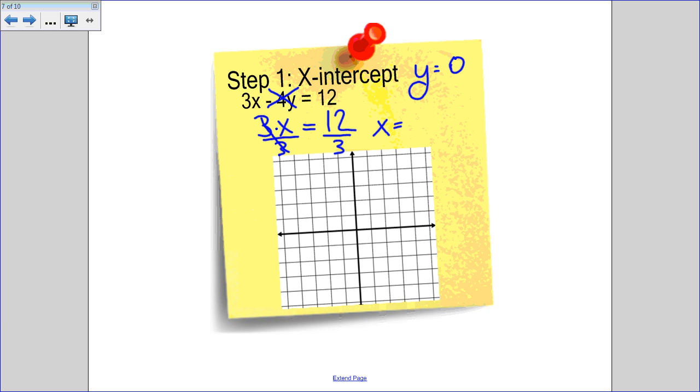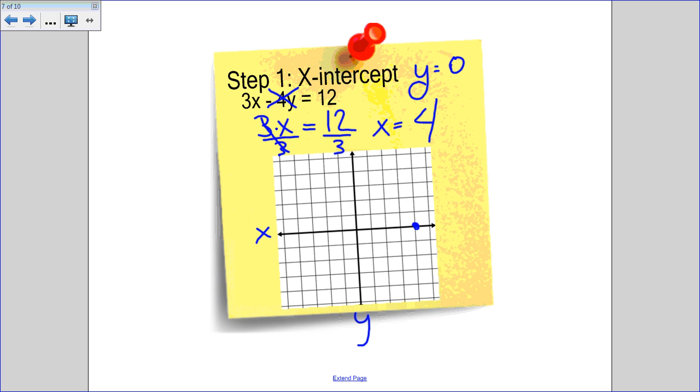What is 12 divided by 3? Good, it's 4. x equals 4. Now, if you draw a graph, what point is that? That is where our line crosses our x-axis. Remember, we have our x and our y-axis at positive 4, so it's right here.